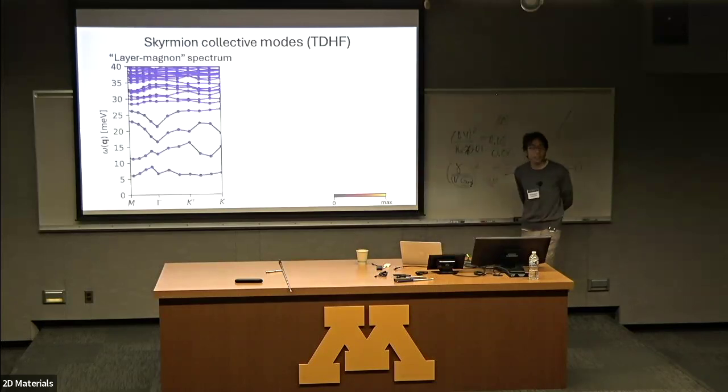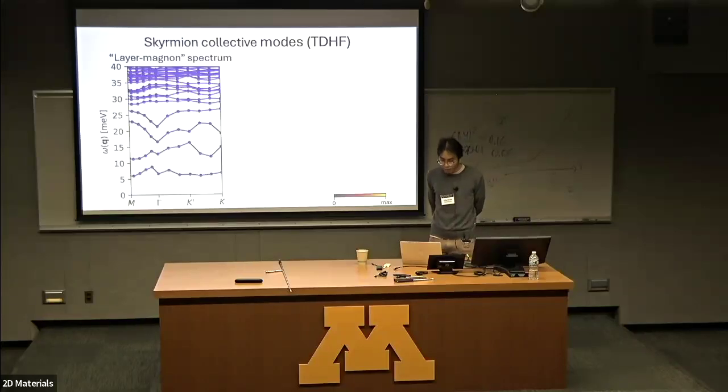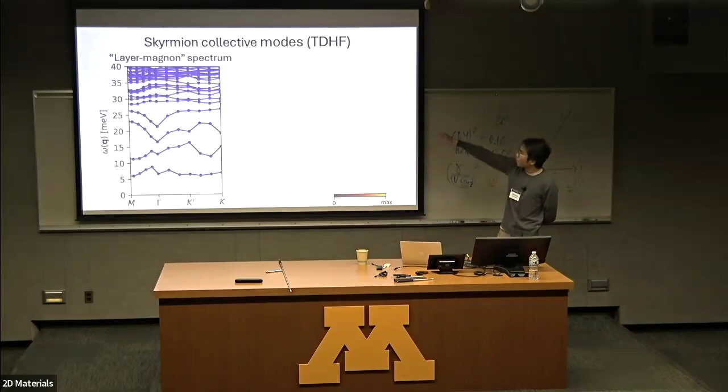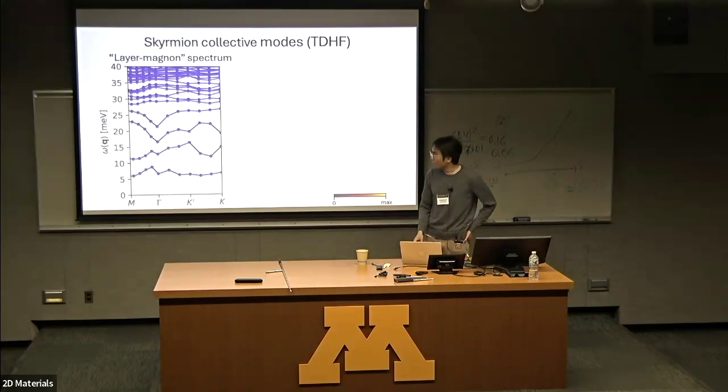Okay, so we can also look at the collective excitations. So we just take that Hartree-Fock state that we had before. We do time-dependent Hartree-Fock. That gives you what you can think of as the magnon spectrum of this system. It looks like a mess, but there are a few low-lying bands that are isolated, and we can look at what these things look like.